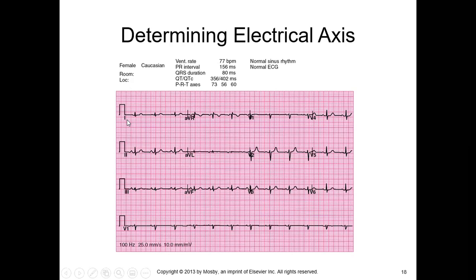And you could see 1, 2, 3, and then you're looking at aVR, aVL, and aVF. Look for the most isoelectric QRS complex in these leads. Iso means equally balanced.